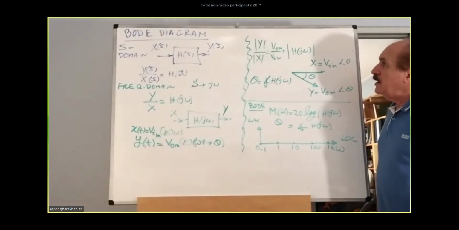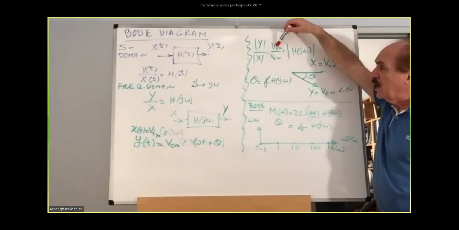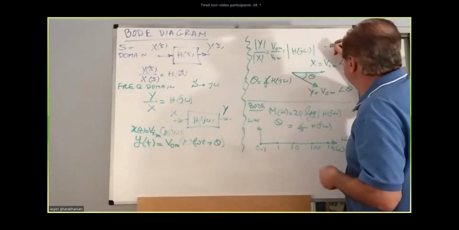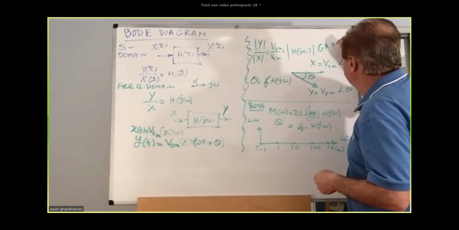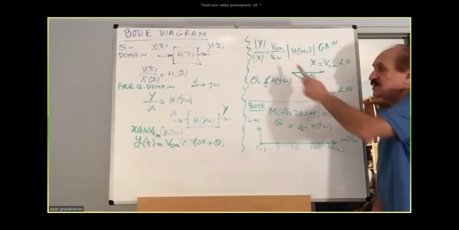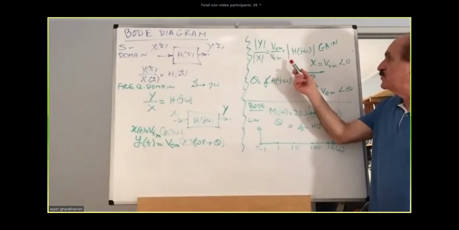Now, here, the ratio of output amplitude over input amplitude, the so-called gain. This is the gain. The gain will be the linear gain. It will be a unitless number, of course.